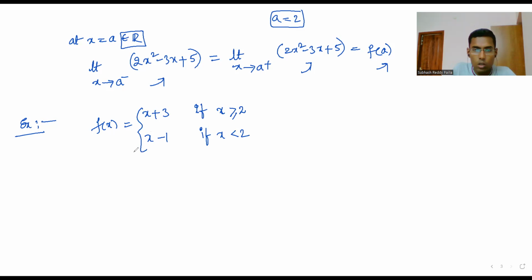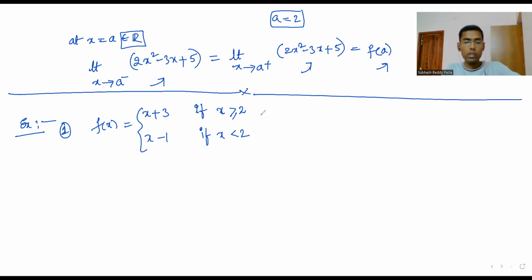This is example 1. The important thing is that here f of x is defined two ways. This is called a piecewise defined function.